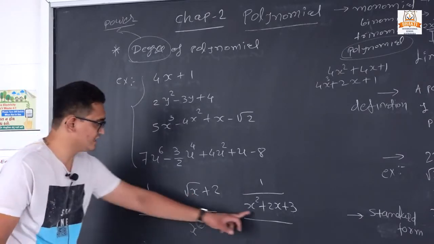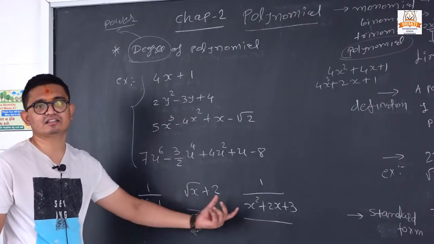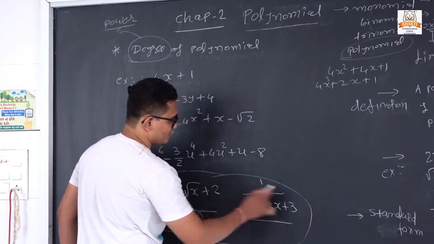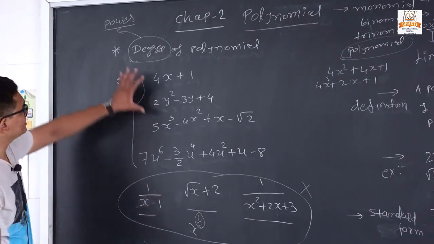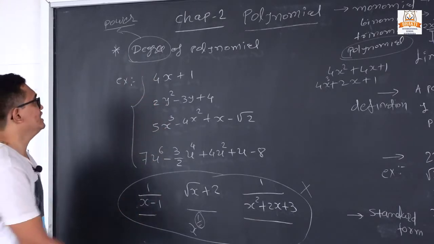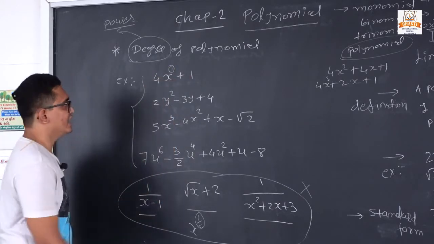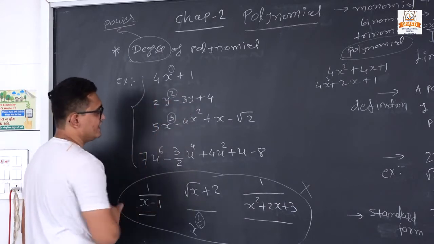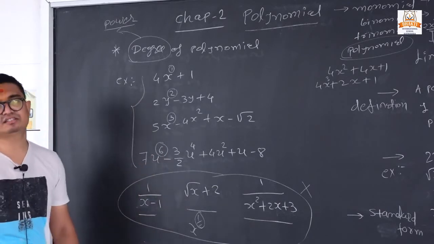And these two have the variable in the denominator, so we will not call these polynomials. So this portion is not called a polynomial. And these are all called polynomials. Why? Because see here, x has a power of 1, here y has a power of 2, here x once again has a power of 3, and here u has a power of 6.